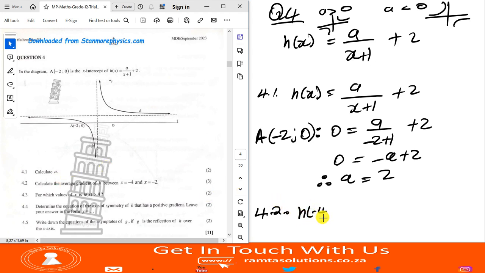H of negative 4 means where there's x, we put negative 4, plus 2. Your calculator should return negative 2 over 3 plus 2. It'll be 4 over 3. So this is 1,33, 4 over 3.